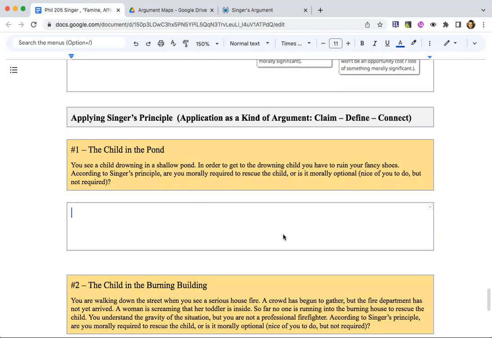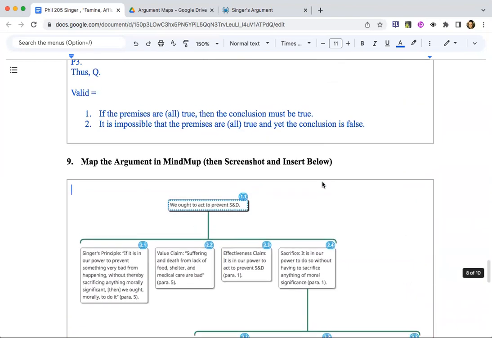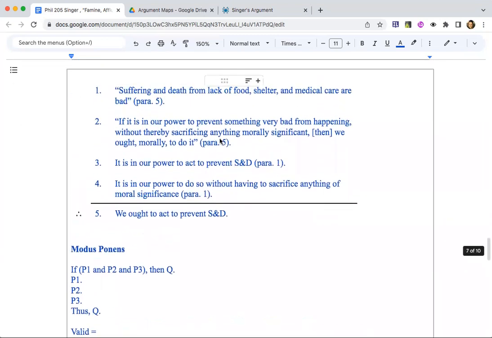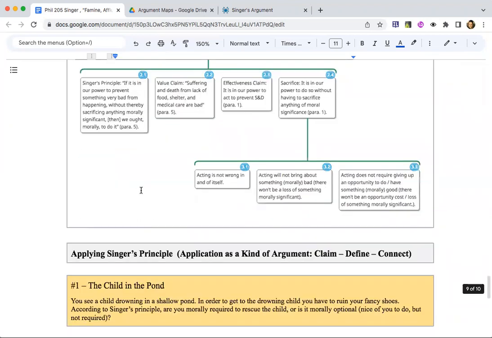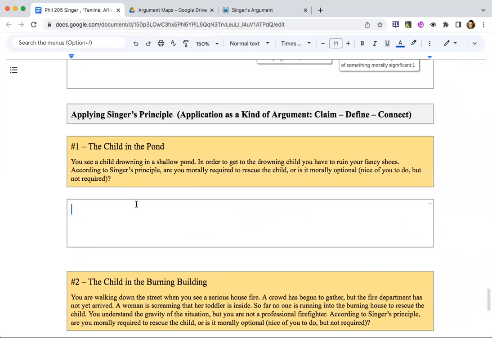So clearly, if Singer's principle is true, and we know that part of the claim, define, connect template is to state the principle, so let's go copy it for future use. Okay. So you see a child drowning in a pond. To get to it, you'd have to ruin your fancy shoes. According to Singer's principle, are you morally required to rescue the child, or is it morally optional?